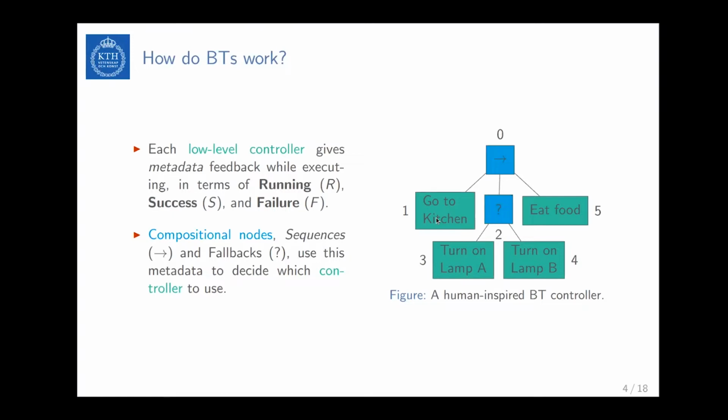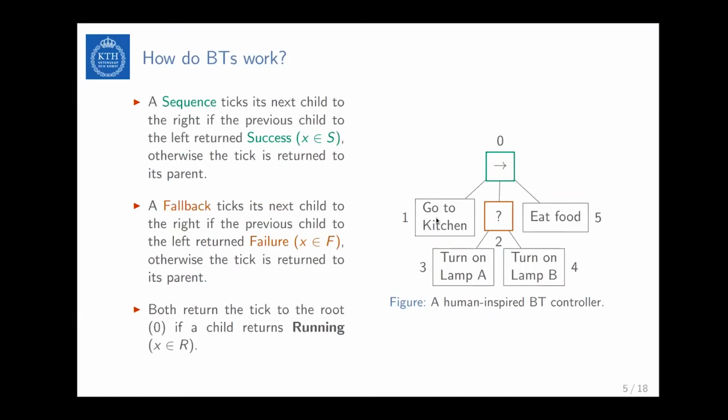And that determination is done by these so-called compositional nodes. On the top here, we have a sequence, which is indicated by the arrow. And then in the middle, we have a fallback. Now I'm going to explain to you how those work. Again, I'm using colors here to help you see the correspondence.